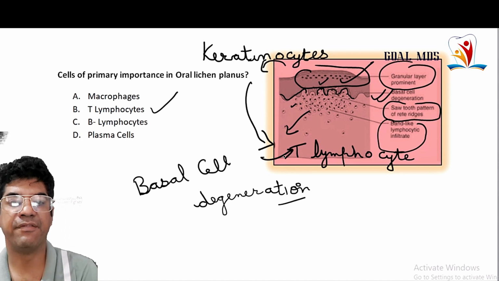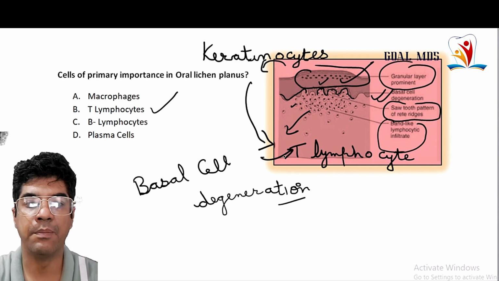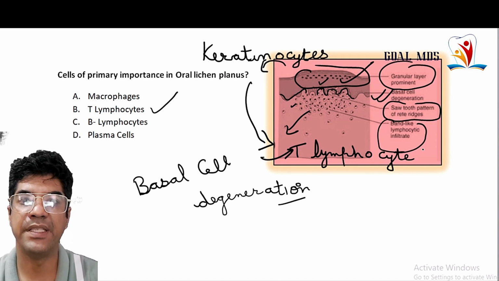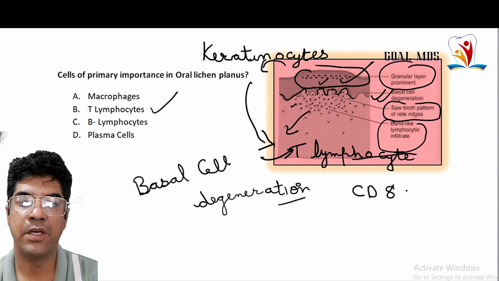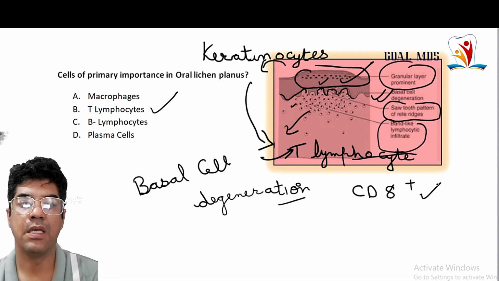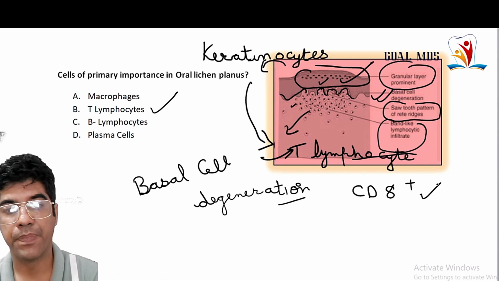Now let us discuss why T lymphocytes are primarily important in oral lichen planus. T lymphocytes, specifically the CD8 cytotoxic T cells, are the predominant inflammatory cells in the infiltrate of oral lichen planus lesions. So they play a central role.